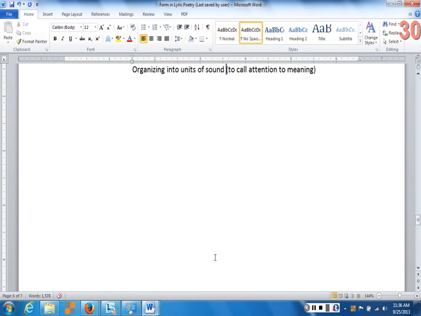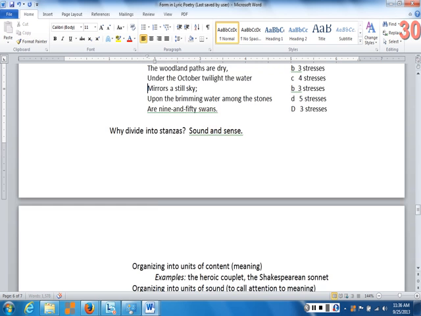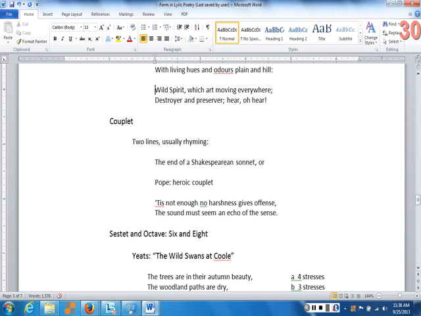Perhaps the most obvious example then is the heroic couplet. Okay, again, well, let's go back up to Mr. Pope. The heroic couplet closes off because of these end rhymes. Okay, because of these end rhymes, the sound closes off the unit of meaning.